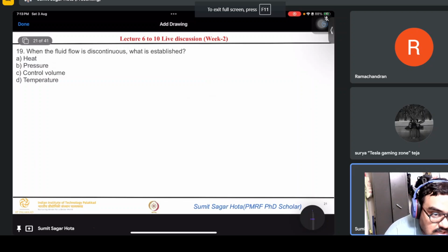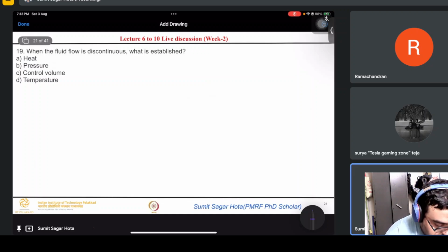Next one: when the fluid flow is discontinuous, what is established? Obviously it cannot form heat or pressure, because these are physical quantities.